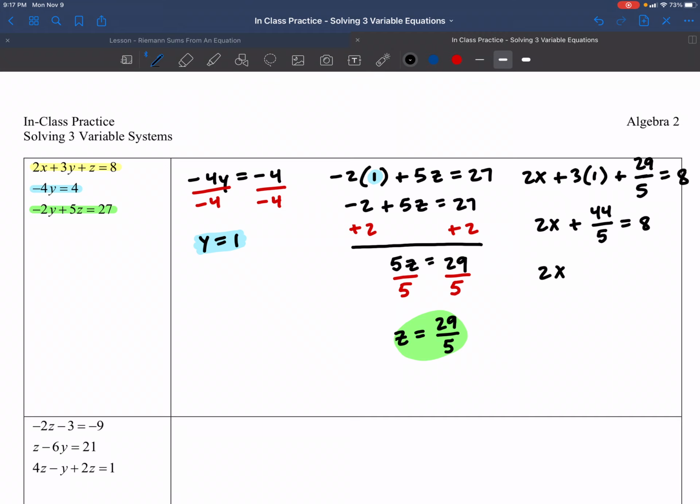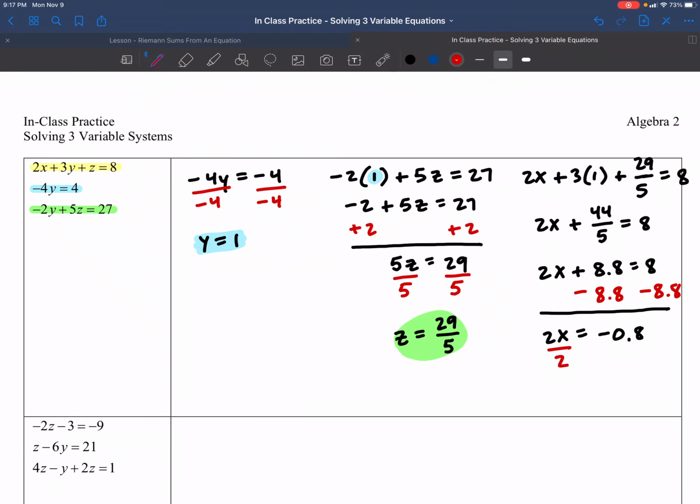So 2x plus 8.8 is equal to 8. I'm going to subtract 8.8 from both sides. 2x is equal to 8 minus 8.8, which is negative 0.8.